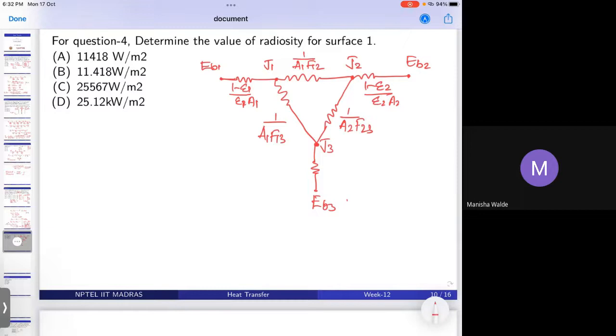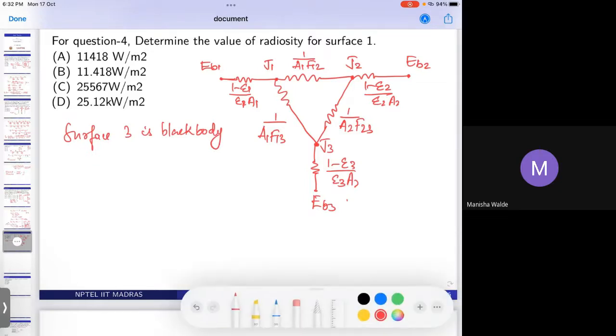But in this question it is given that surface 3 is black, so we can approximate it as a black body. So there is no surface resistance for epsilon 3.